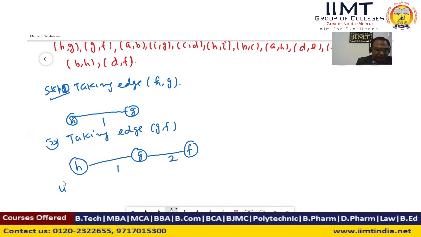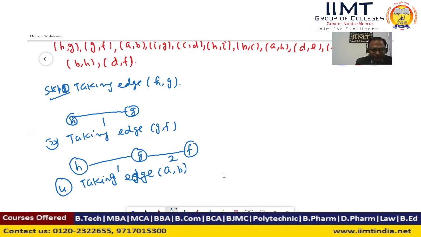Now step number 4, next we will select a comma b.